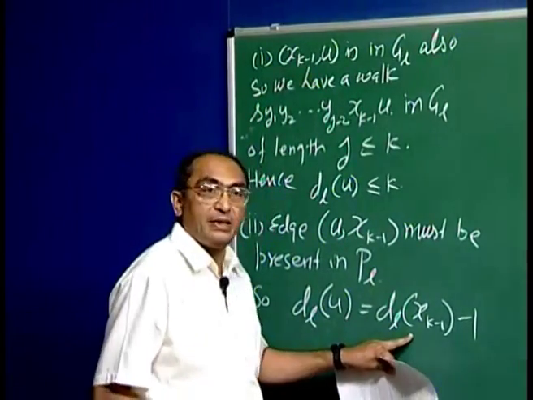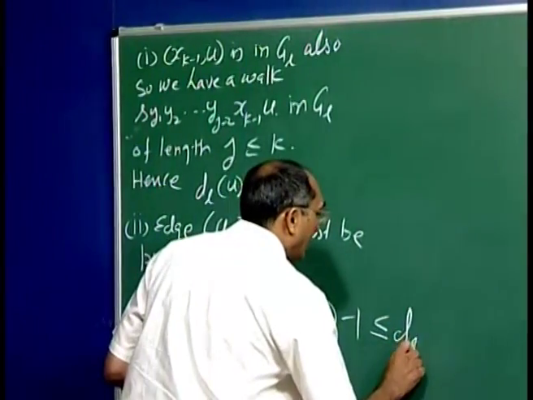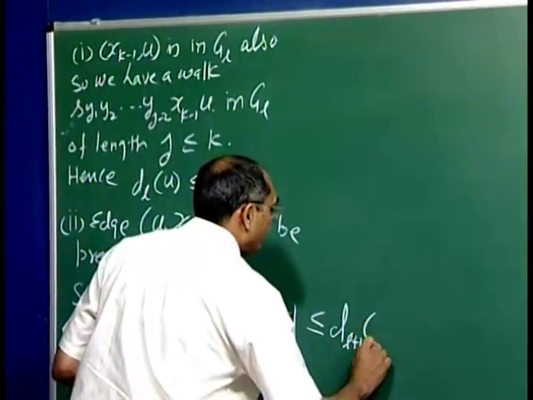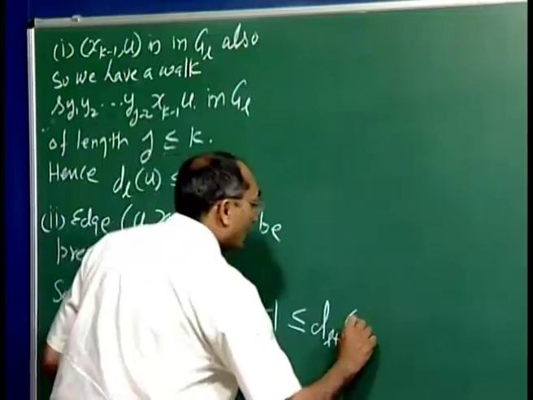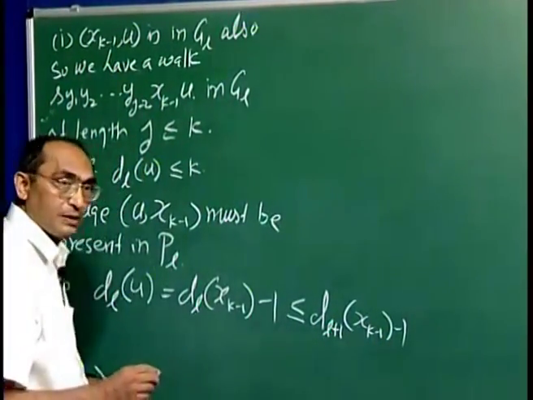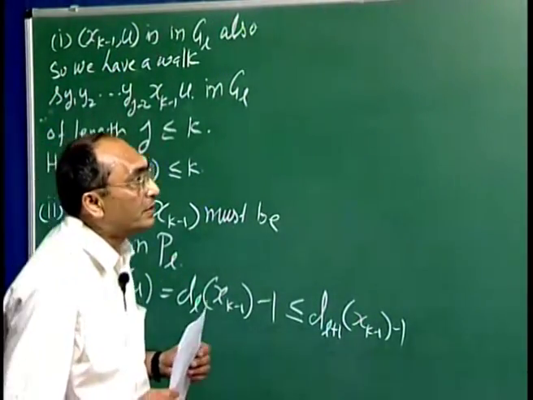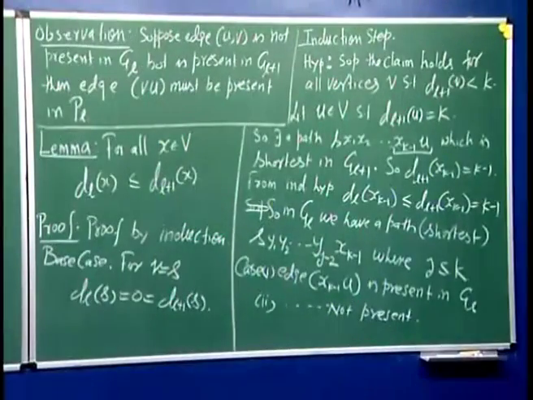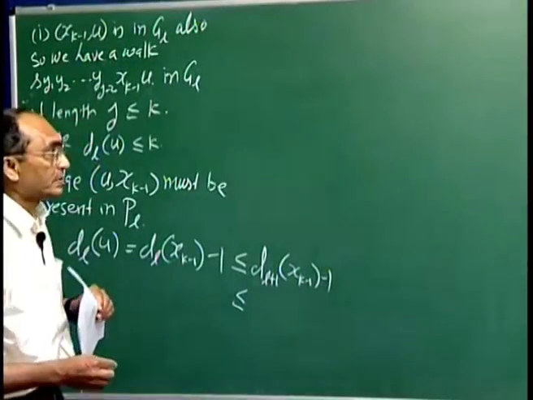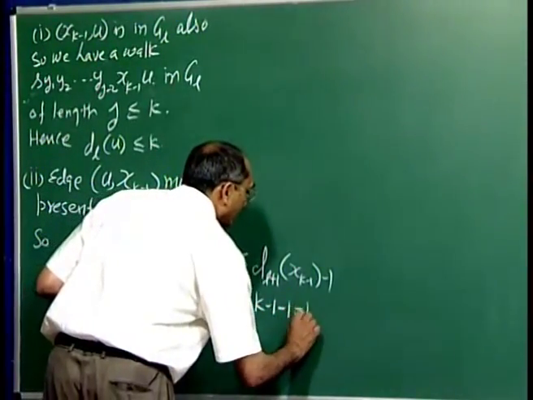And from induction hypothesis, this is less than equal to dL plus 1 xk minus 1 minus 1, and that in turn is less than equal to k minus 1 minus 1, which is k minus 2.